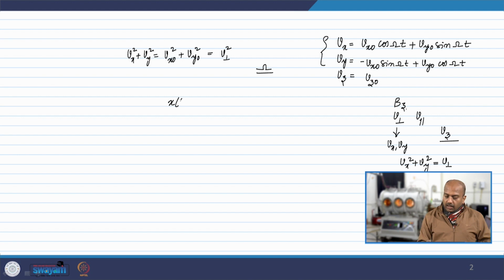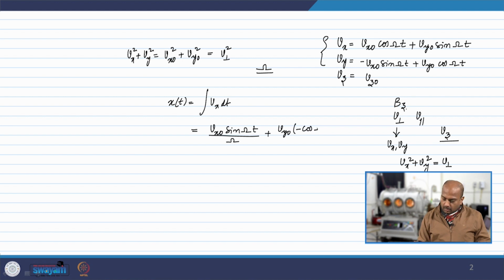Let us go a step ahead and find out how the position will look like. If I have to write x of t, then I have to integrate this velocity, right? So we have to integrate Vx dt, which will be something like this. X is equal to Vx0 sin omega t divided by omega plus Vy0 times minus cos omega t divided by omega.